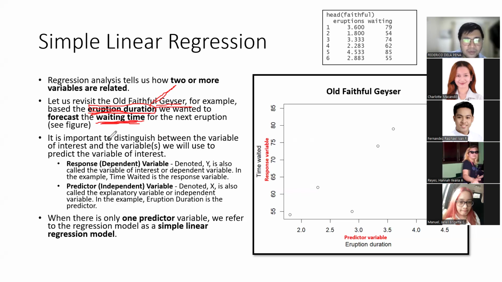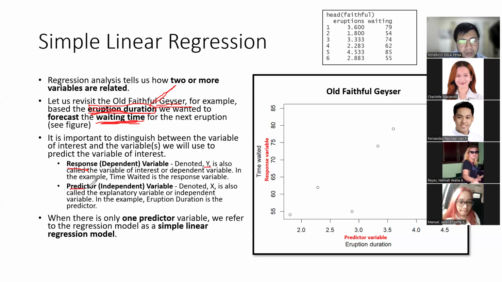And before that, let us define our conventions. The response or dependent variable, we call it the y, right? It's the variable we're interested in. It's a variable which we want to predict or forecast.